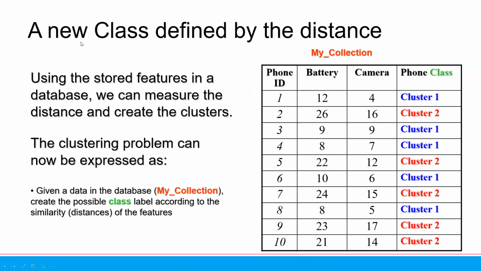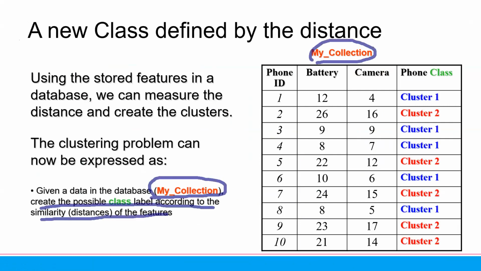Then I can express my data using the stored features in the database. We can measure the distance and create clusters. So the clustering problem can now be expressed like this. We have the database, my collection, and we want to create the possible class labels according to the similarity or the distance of features.